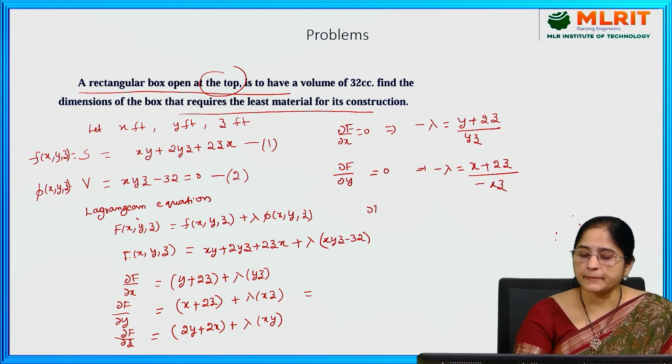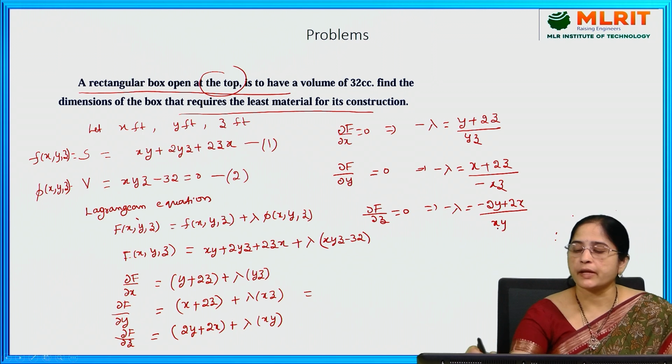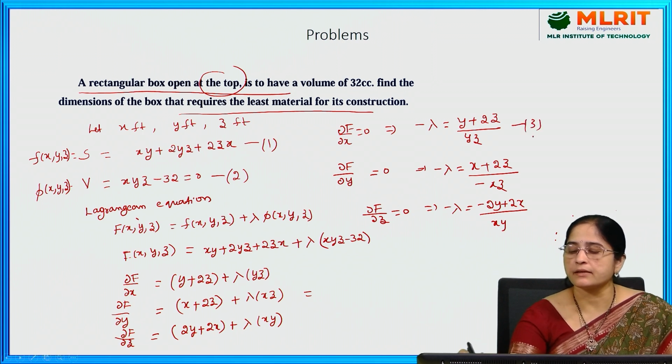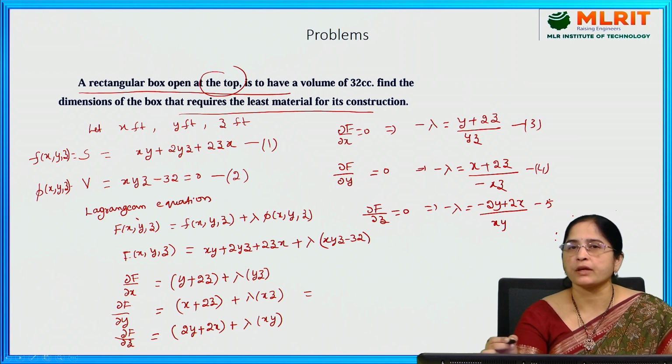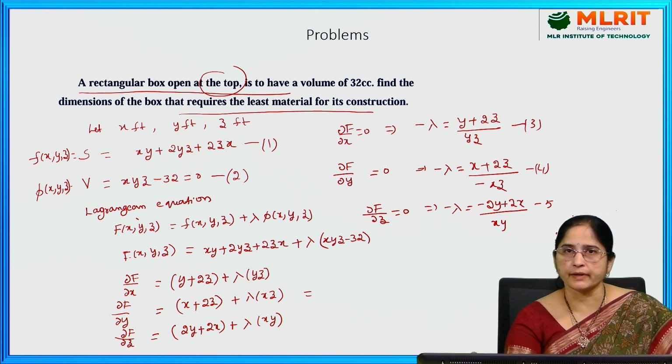Dou F by dou z equal to 0 means minus lambda equals 2y plus 2x by xy. These are equations 3, 4 and 5. In all of them the left hand side is minus lambda, so we can equate them.